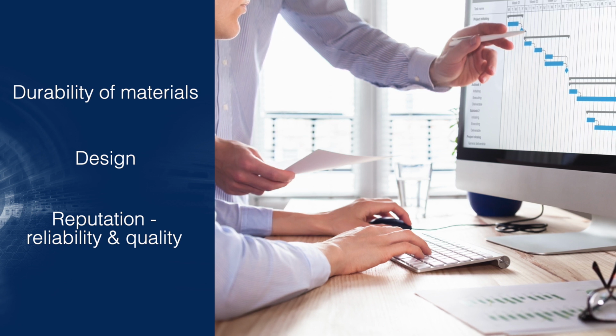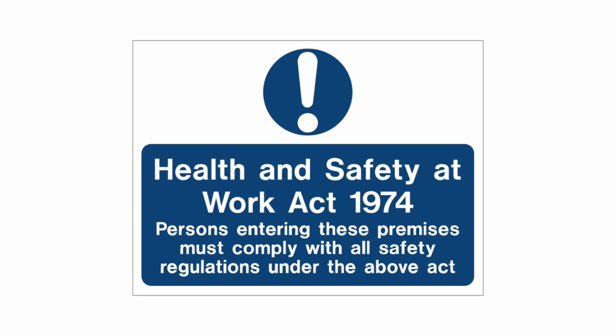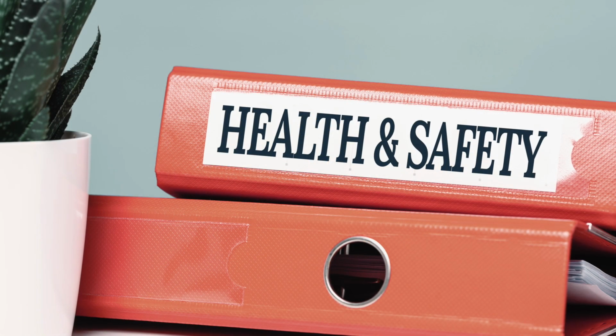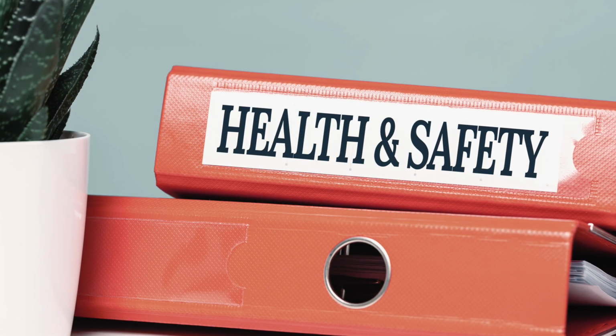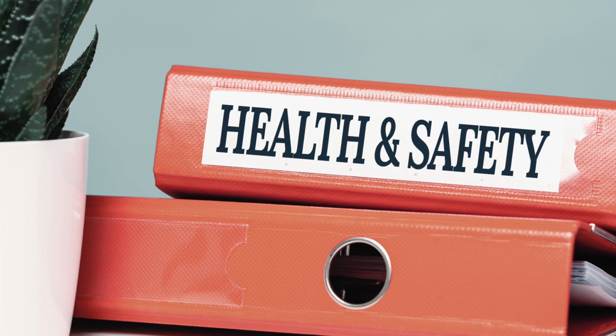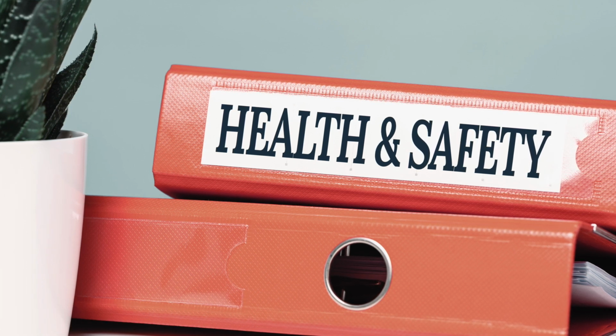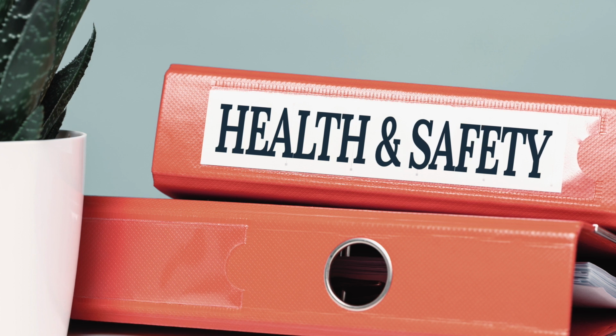tasks. By consistently maintaining and testing your industrial doors, you can ensure that your facility aligns with the Health and Safety Act of 1974, which mandates that all equipment must meet the following criteria: appropriate for its intended purpose, safe for use, in proper working condition, undergoing a scheduled maintenance programme.